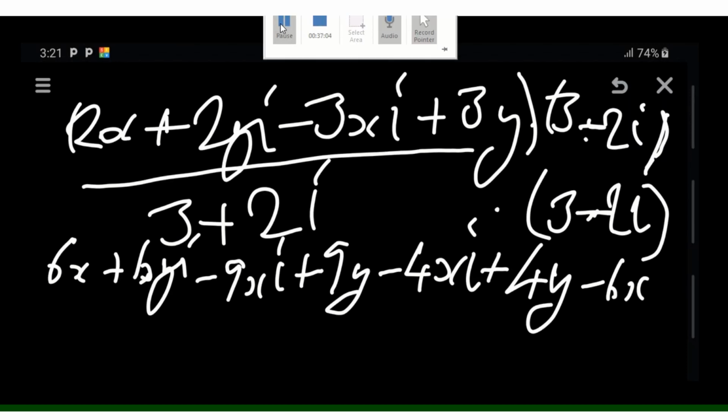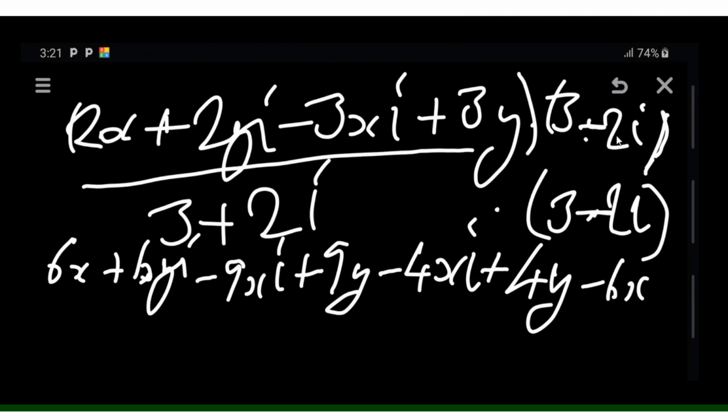Sorry, when you multiply a negative 2i by 3y it is a minus 6yi, right? So from here, we don't have space, so let's reduce this from here. Maybe we can have the space, because I need to do the denominator by the denominator.